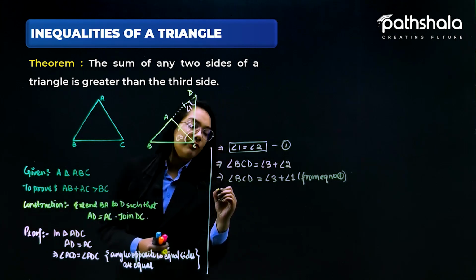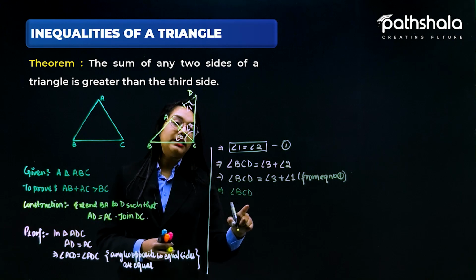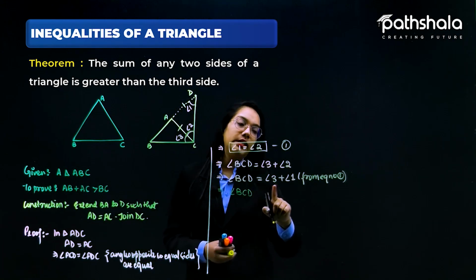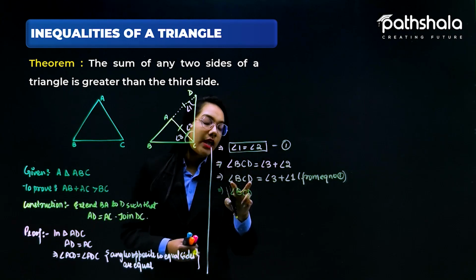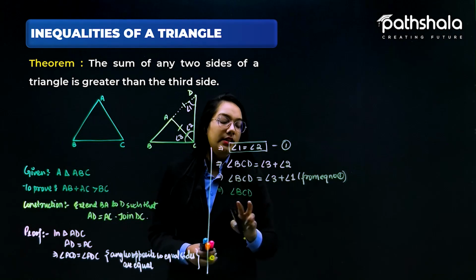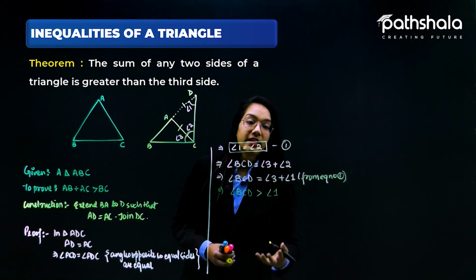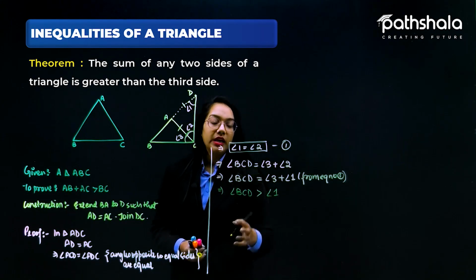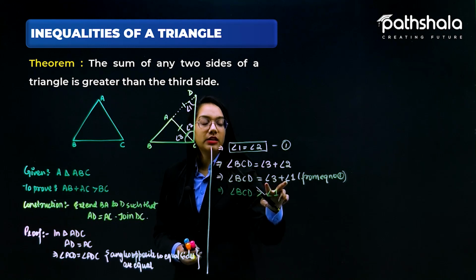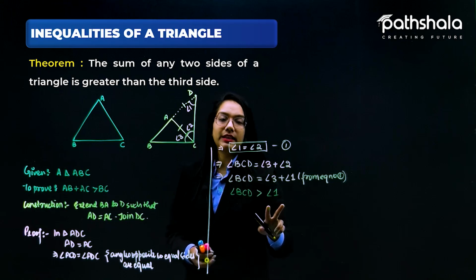Now, what can we conclude from here? We can conclude that angle BCD, this total angle, is equal to angle 3 plus angle 1. This angle is a combination of these two angles, which implies that angle BCD is greater than angle 1.